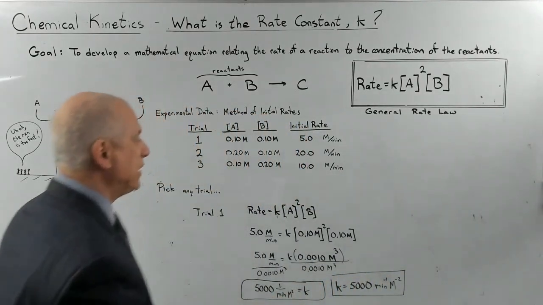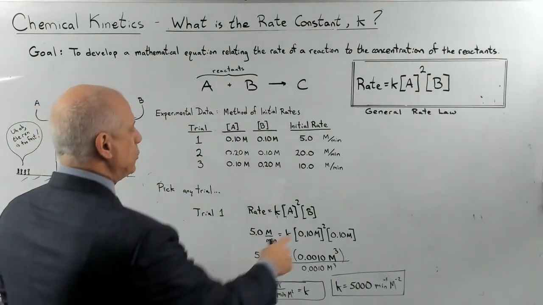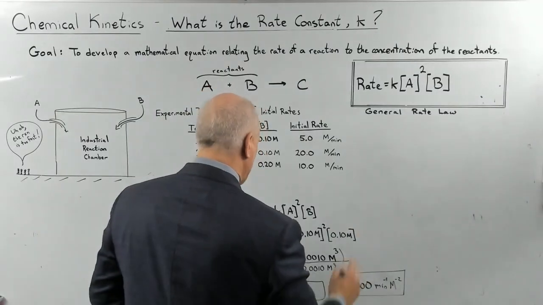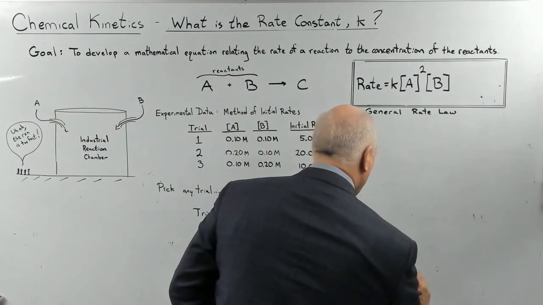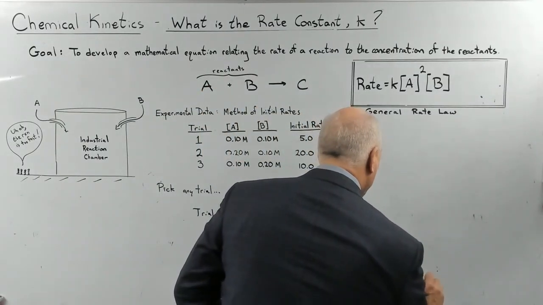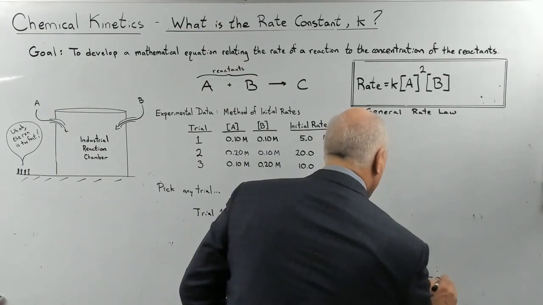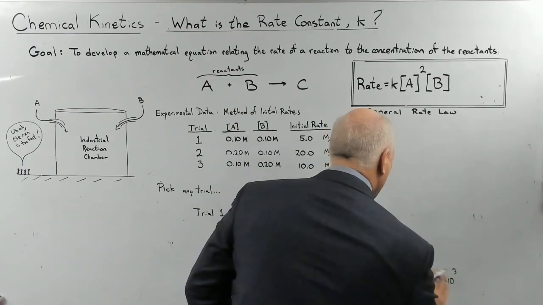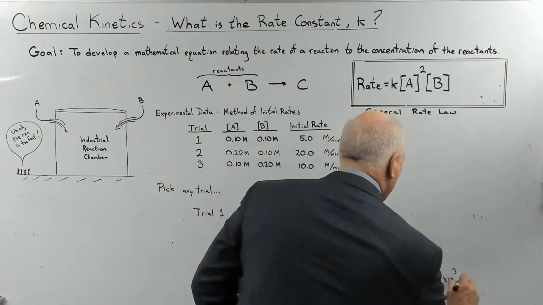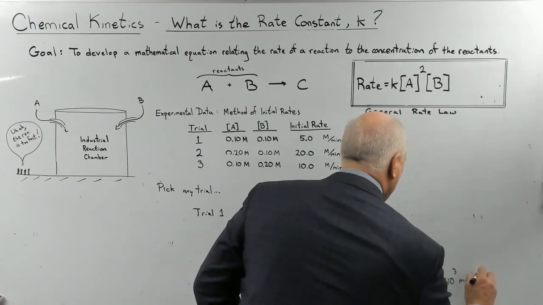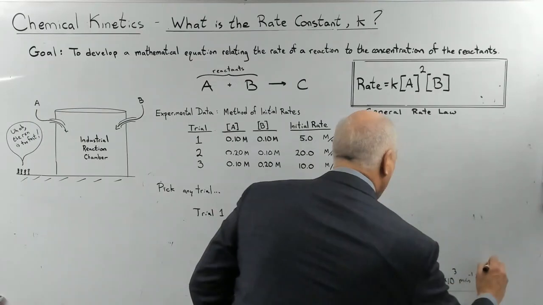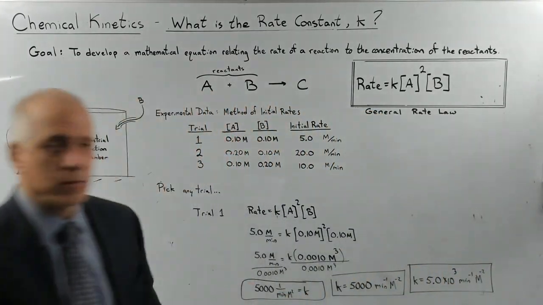As far as significant digits go, it looks like we have 2 significant digits throughout. So we really should report this as K equals 5.0 times 10 to the third minutes to the -1, molarity to the -2. That would actually be the best value.